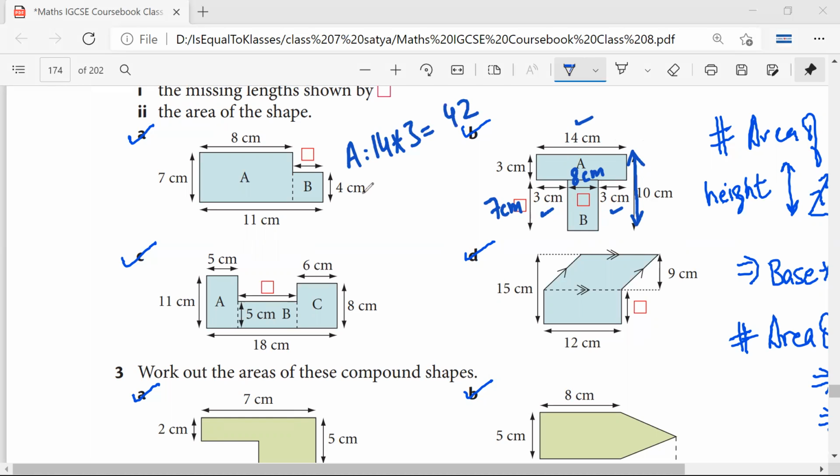Okay. And for B, I did 7 into 8, which would be 56.